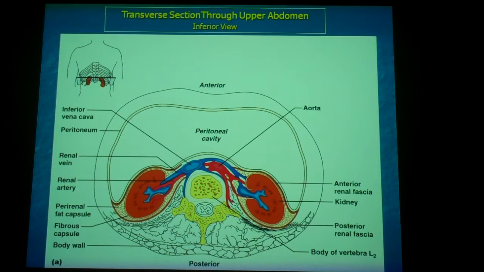They're encased in renal fascia, deep to which is lots of adipose tissue. The kidneys are cushioned in a lot of fat. And the combination of the capsule attached to the fat, attached to the renal fascia, attached to the parietal peritoneum, holds the kidneys basically in place.